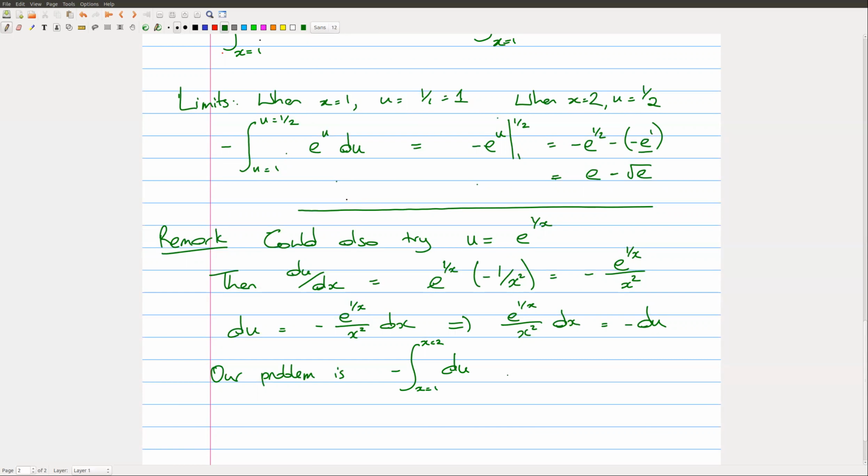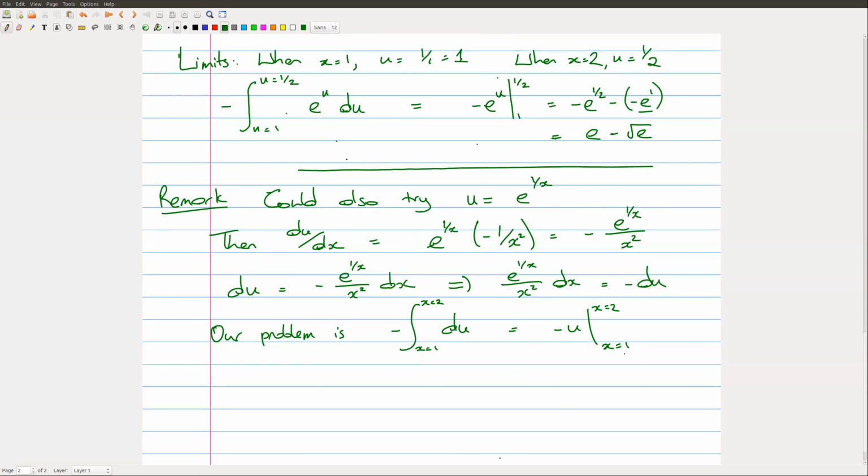So integrate du, you get u, so this is minus u from x equals 1 to x equals 2. u is e to the 1 over x, so when x equals 1, u is e to the 1 over 1, which is e. When x equals 2, u is e to the 1 over 2, which is the square root of e.